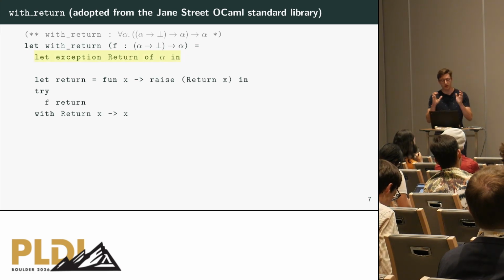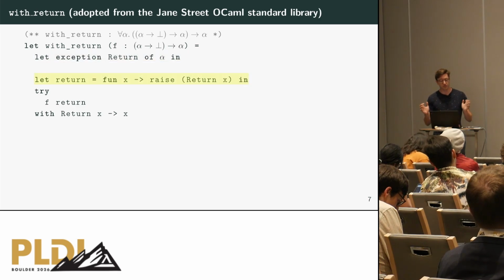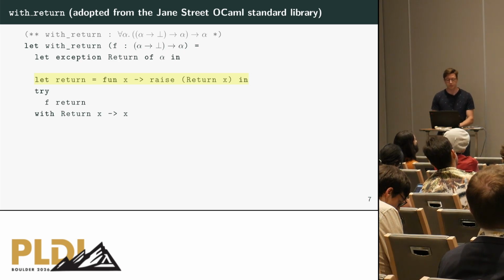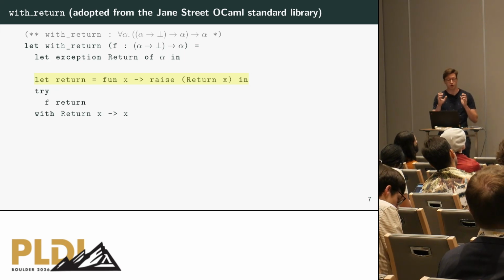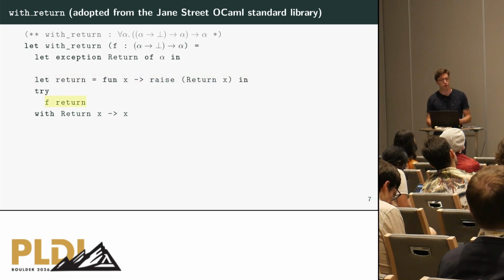So we start by locally declaring a return exception in the scope of this function. Next, we use this locally declared exception to create the return function. So every time this return function is called, it raises the return exception. We pass this return function to the closure that is given by the user.